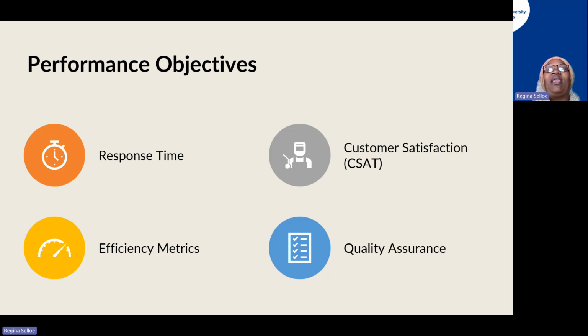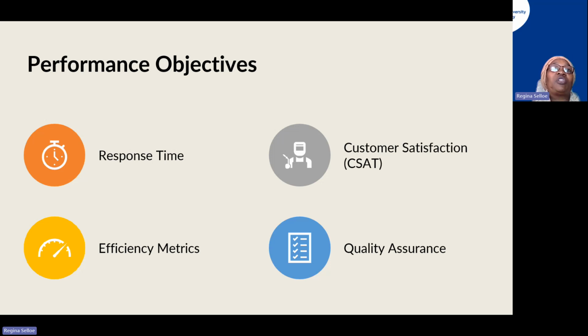They are typically aligned to the contact center's overall goals, such as improving customer satisfaction, reducing costs, or increasing productivity. The performance objectives that we need to look into are response time, customer satisfaction, efficiency metrics, and quality assurance.